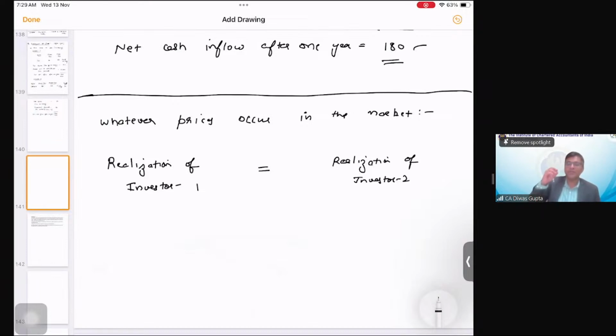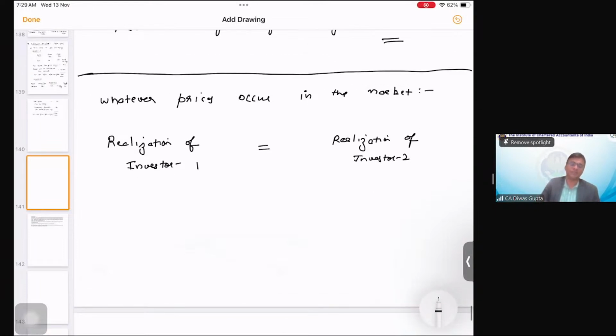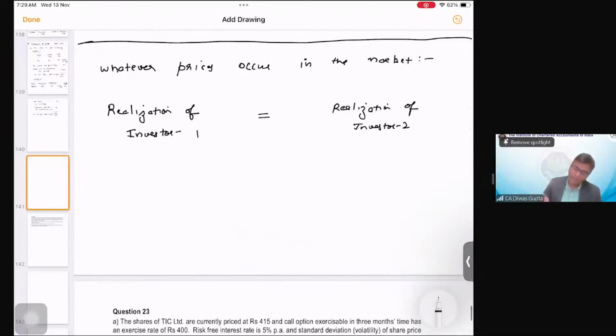And for two different portfolios, if subsequent cash flows are always going to be the same, the initial value should also be the same. Otherwise, what will happen? I'll tell you. See, let me put it like this. This is investor 1. This is investor 2. So in our example, initial value was how much?